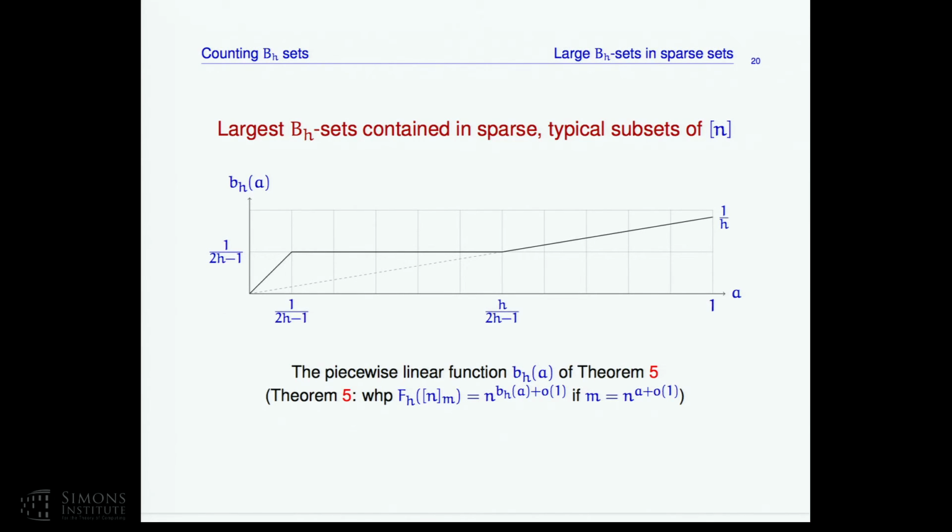And then it stabilizes, stays flat, up to this second critical exponent of n. And then it grows, but it doesn't grow at rate 1, it grows at rate 1 over h. So this is the behavior of this extremal function on this random set. It goes up, then flat, and then goes up again. This was the reason why we found this problem interesting.